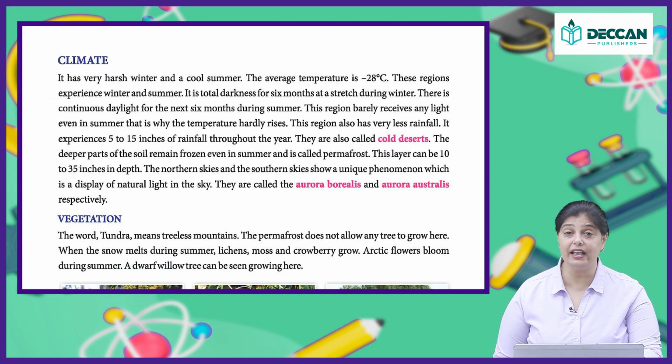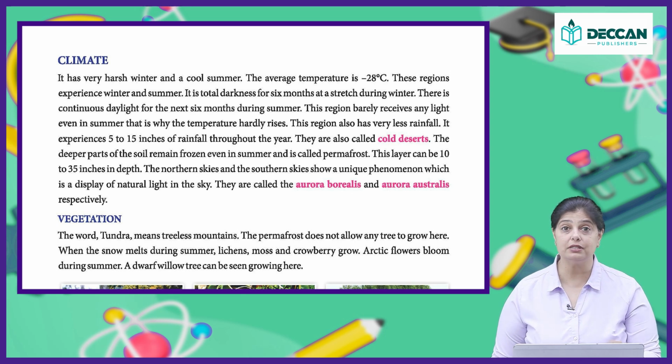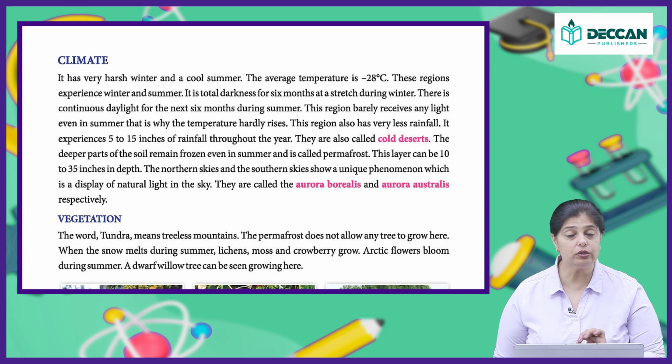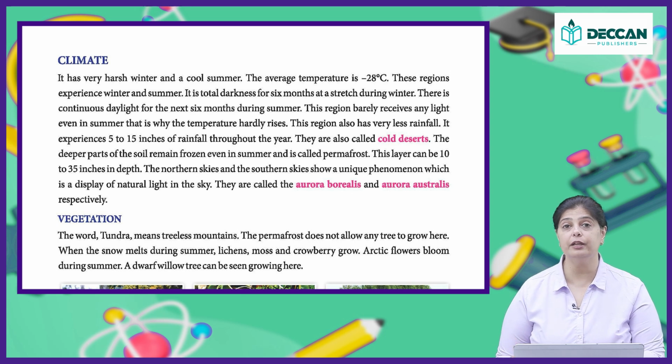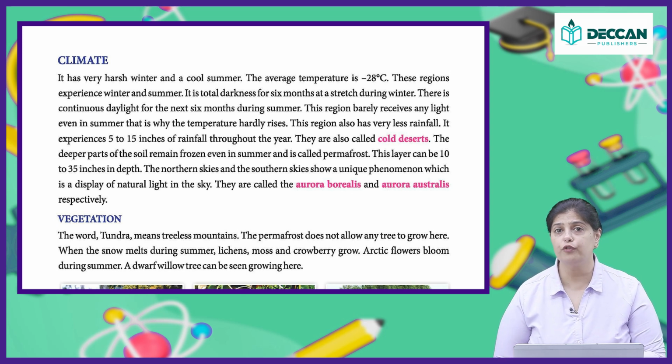As we know, it has very harsh winters and a cool summer. The average temperature is minus 28 degrees Celsius. Now these regions experience winter and also summer. It is total darkness for 6 months at a stretch during the winter, and there is continuous daylight for the next 6 months during the summer.